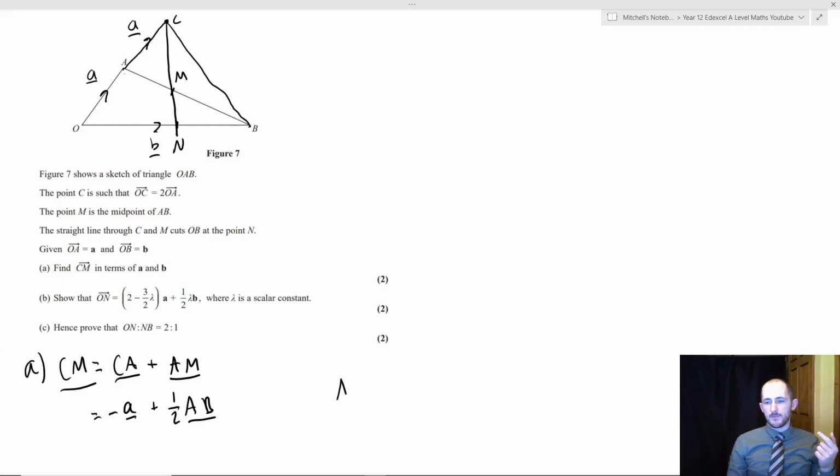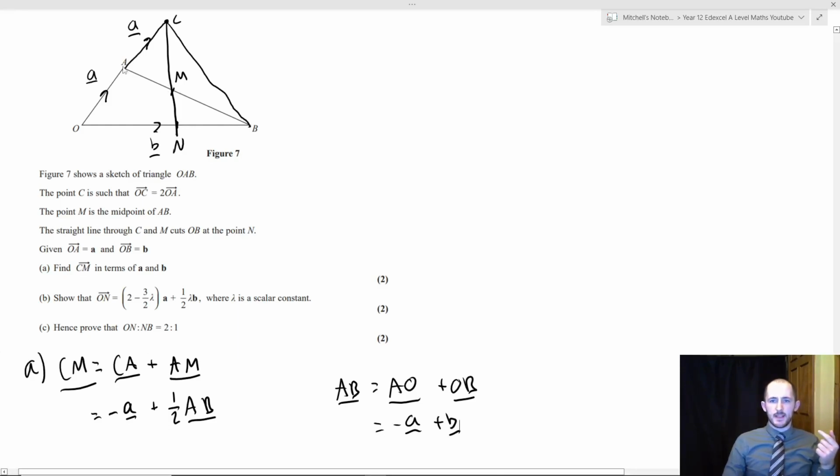Well, AB is just going to be from A to O plus O to B. So in other words, it's going to be minus a plus b, right? Because I'm going against the arrow here and then with it along there.